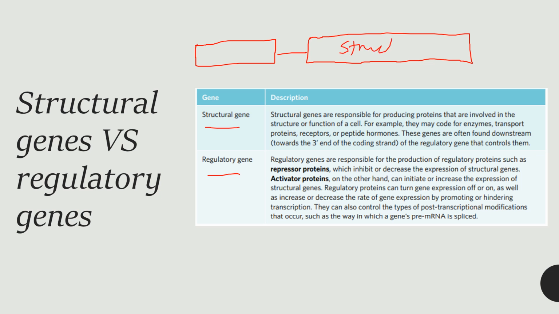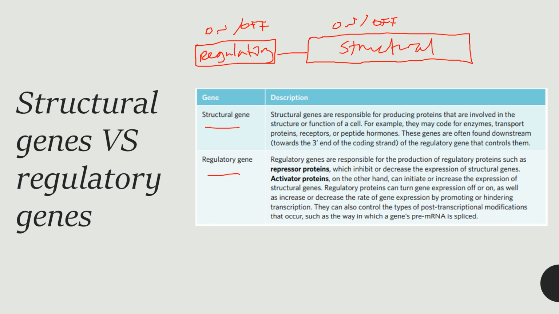Then you have your regulatory genes. So the purpose of a regulatory gene, its whole purpose is to regulate the structural genes. Okay, so often you'll see that a regulatory gene might be upstream from a structural gene, and this regulatory gene will be turned on or off, which will in turn determine whether this is transcribed or not.